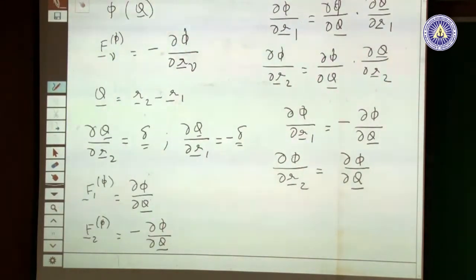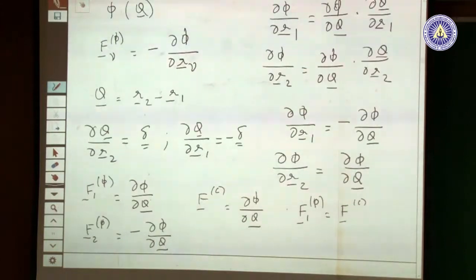We are going to call this connector force Fc, del phi over del q. So, F1 phi would be Fc, and F2 phi would be minus Fc, which is also minus F1 phi, as we expect.